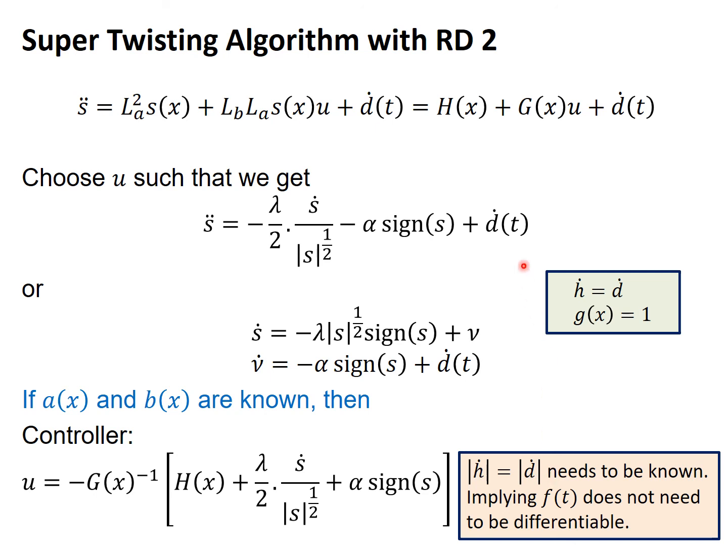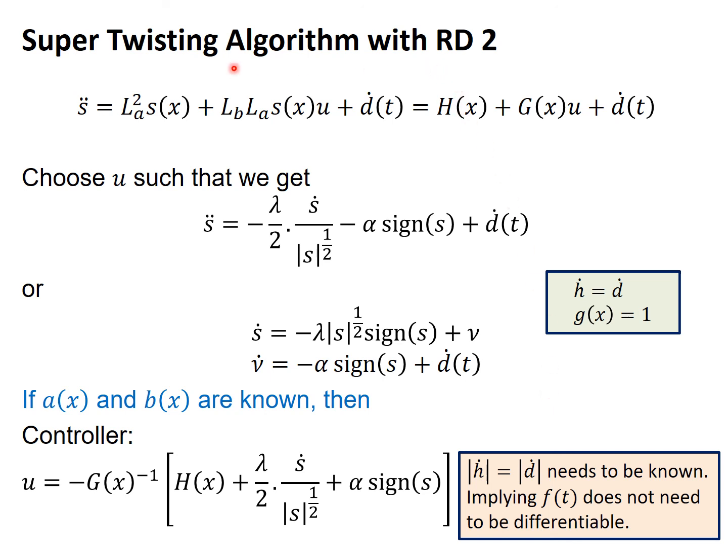So D must be differentiable, but if you go back to the last slide, you will see that D dot equals to something into F(t). So F(t) does not get differentiated. That means F(t), which is the actual uncertainty coming in the system, does not need to be differentiable. Okay, so this is the case here.